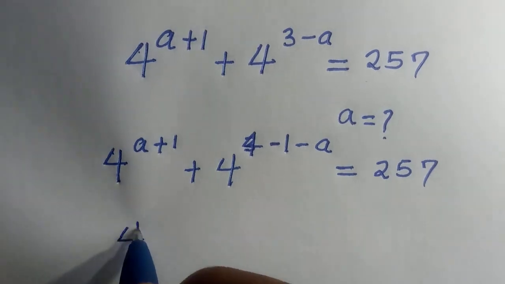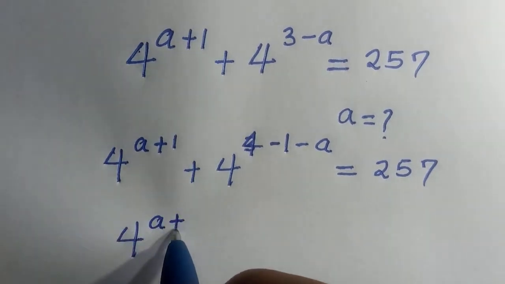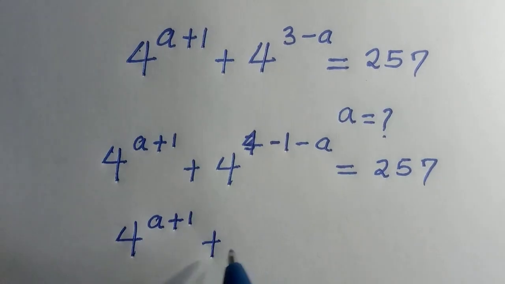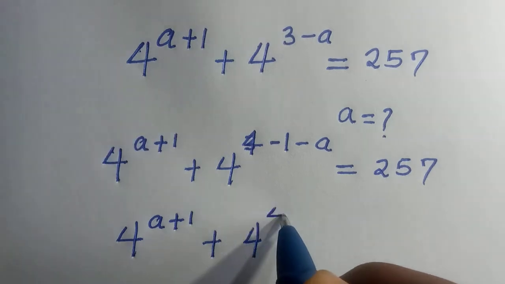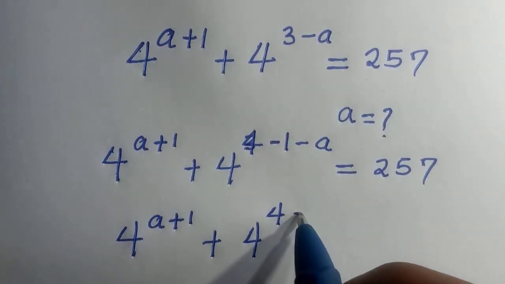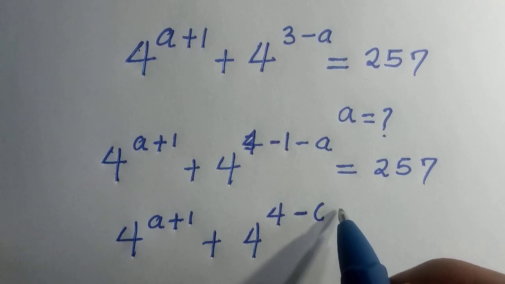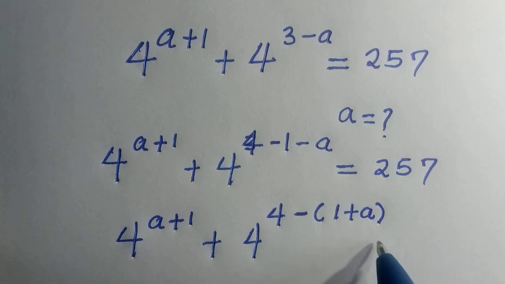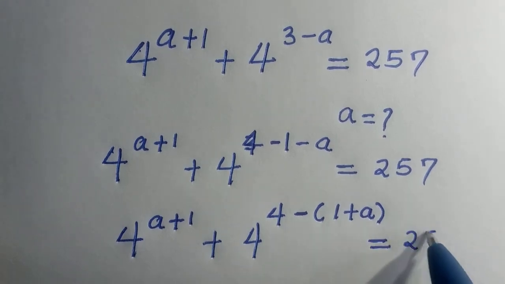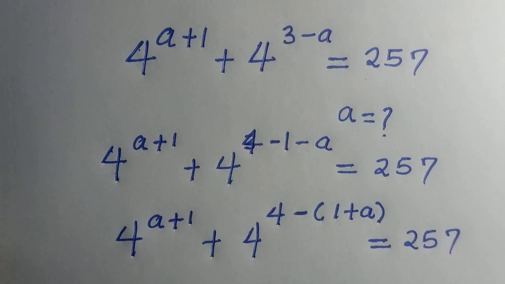Then we have 4 to the power of a plus 1 plus 4 to the power of 4. So if I factor out negative, then here we have 1 plus a equals 257.